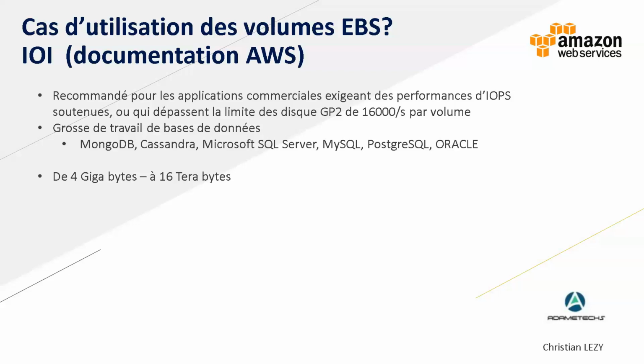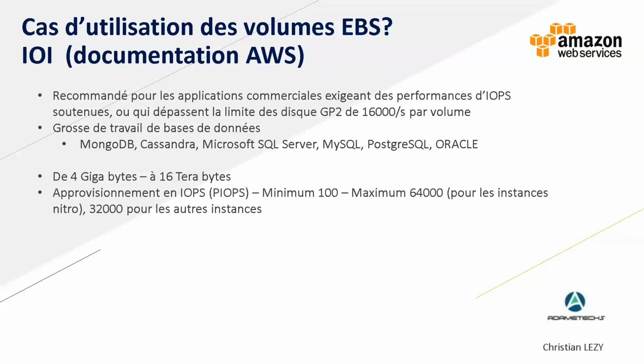The size of these volumes can vary from 4 gigas to 16 teras, and we can supply inputs and outputs independently of the size of the hard disk, so we can have a variable size hard disk with variable IOPS.